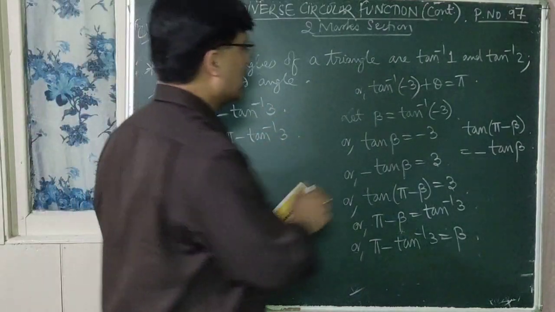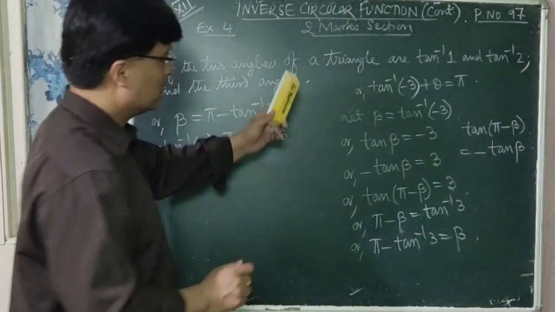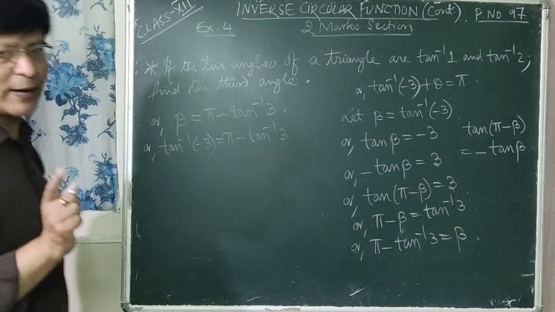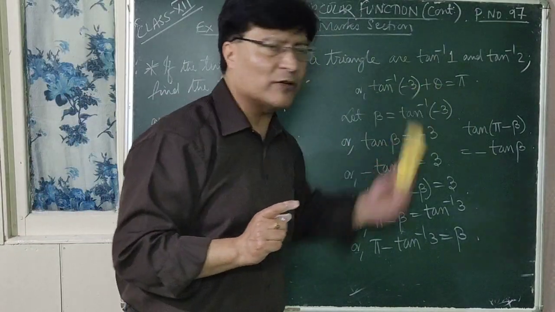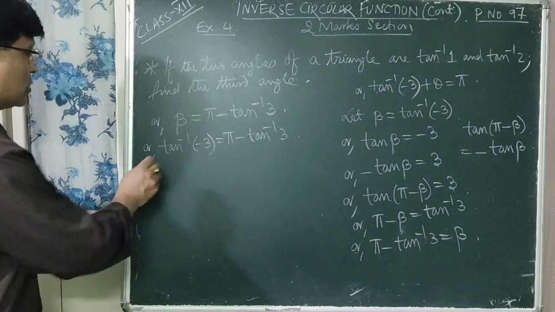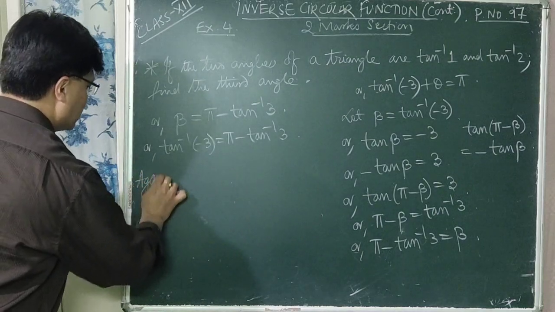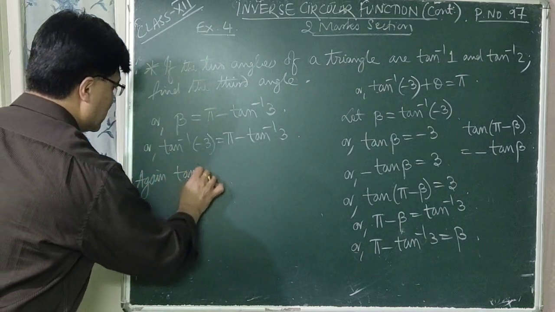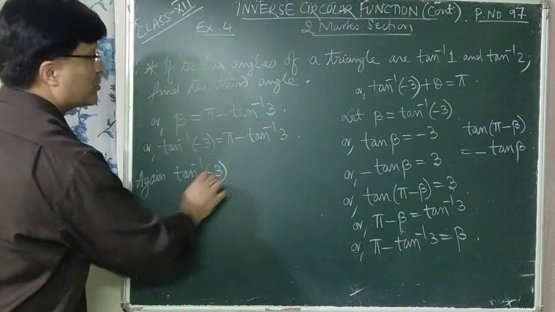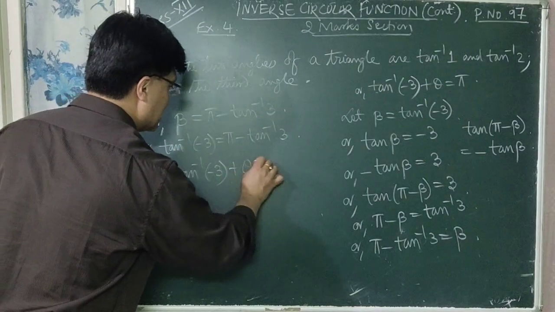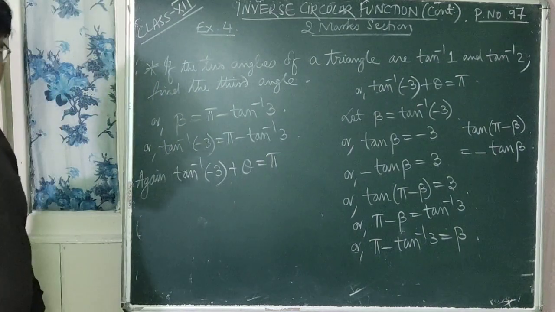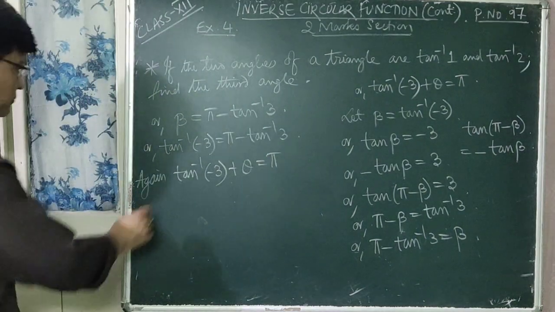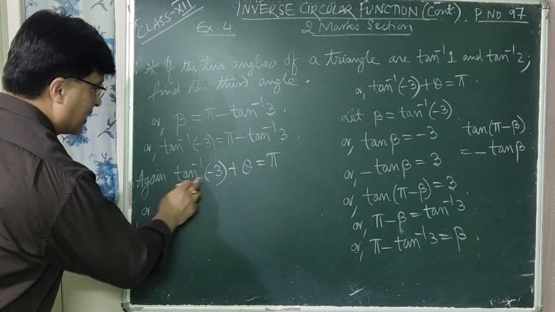Now let us write it again. That is tan inverse minus 3 plus theta is equal to pi, because you have to get the value for theta from here, isn't it? Is that clear? But what is the value for tan inverse minus 3?